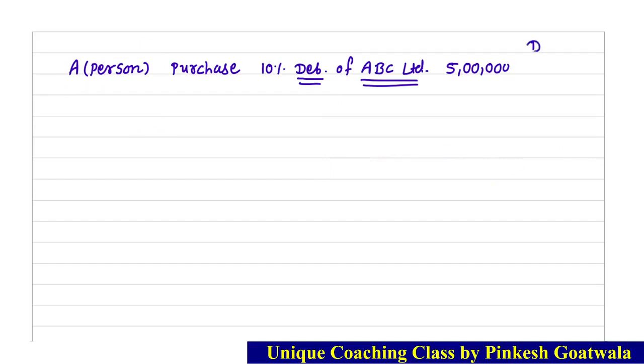Suppose the date of interest is 31st March. Right now we are calculating income of this year, 21 to 22. Now I take different dates and find out the interest.